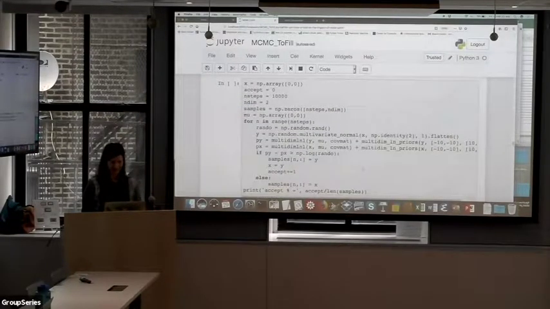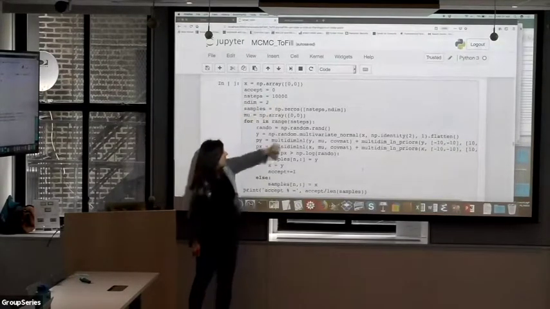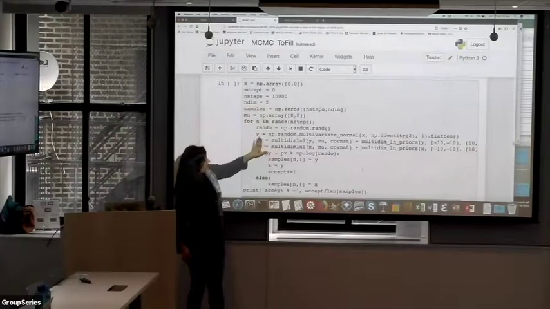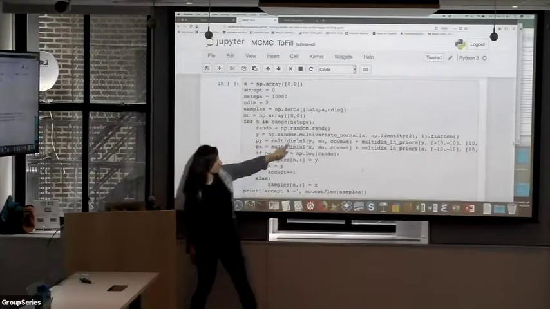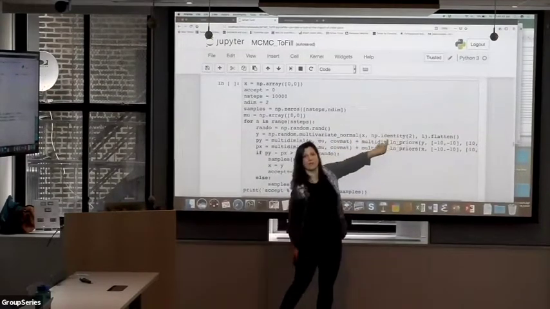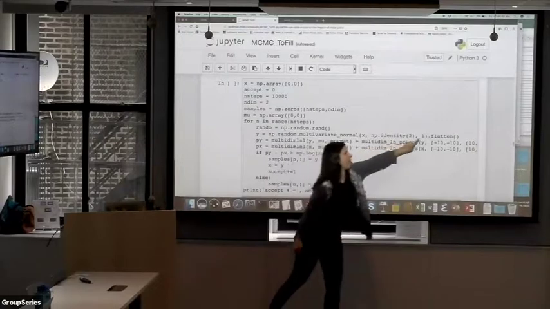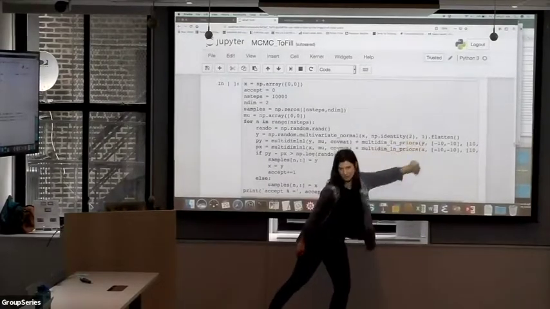And this is my solution, which, as you can imagine, is actually not that different. The idea is still very similar. You're now initializing here, and then your proposal density is now multivariate normal. And here you're specifying what its covariance would be. And this just means how many random samples you're generating.